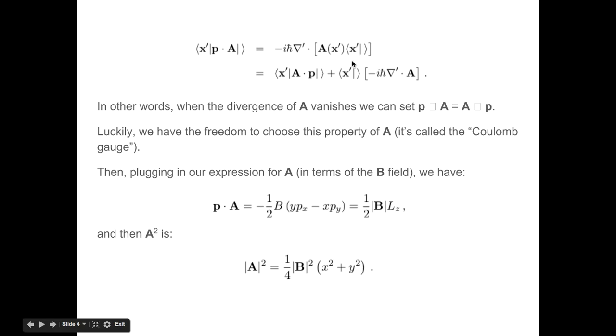And then A, I can pull back inside and make it an operator again, because now I have this A of x prime, it's just back to an operator, right? And you convince yourself that this term will give you that second term from taking the derivative.